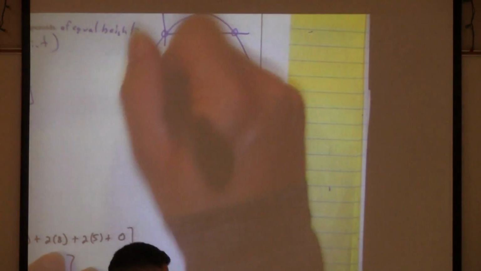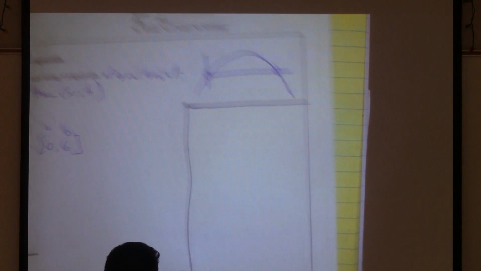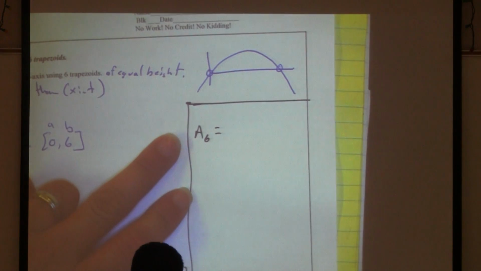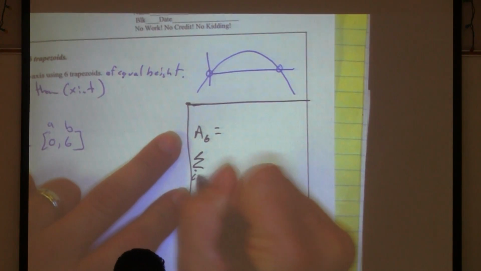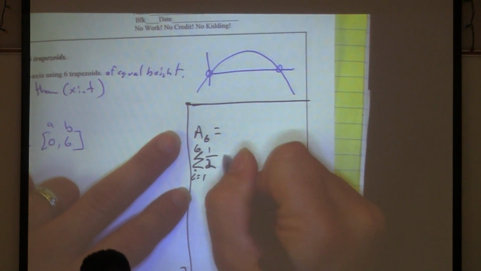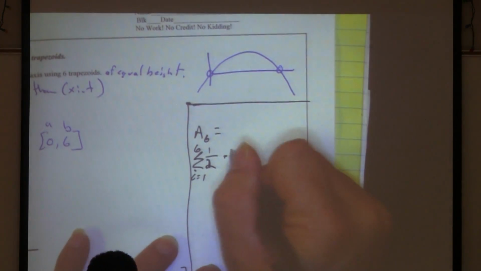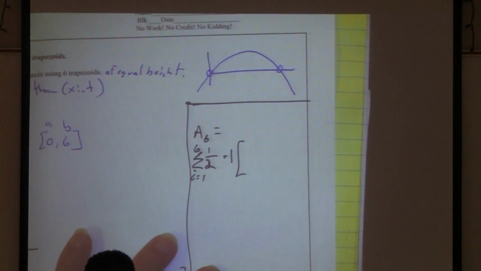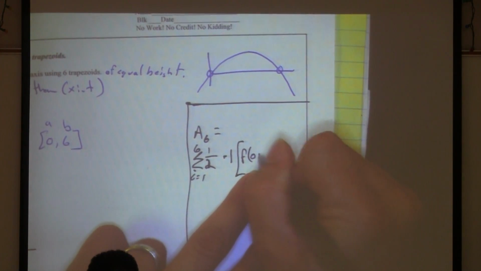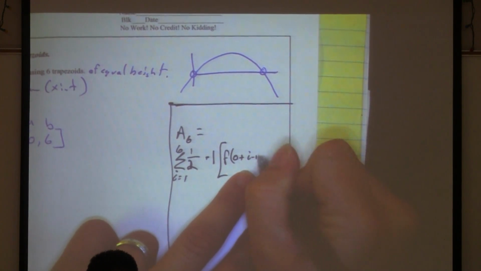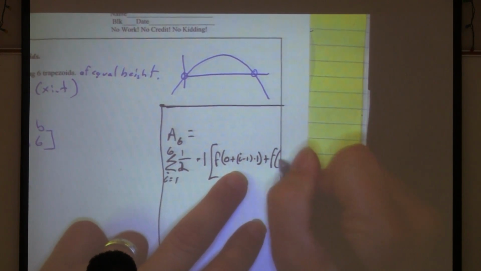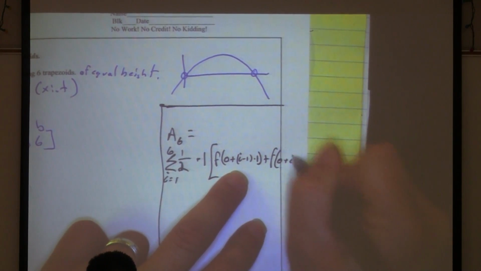Alright, so for fun, let's write down that Riemann formula for this one, since they did give us the function. What would it be if I did it the other way on the calculator? It would be the summation from i equals 1 to 6 of 1/2 times delta x, which is 1, times f of 0 plus (i minus 1) times 1, plus f of 0 plus i times 1.